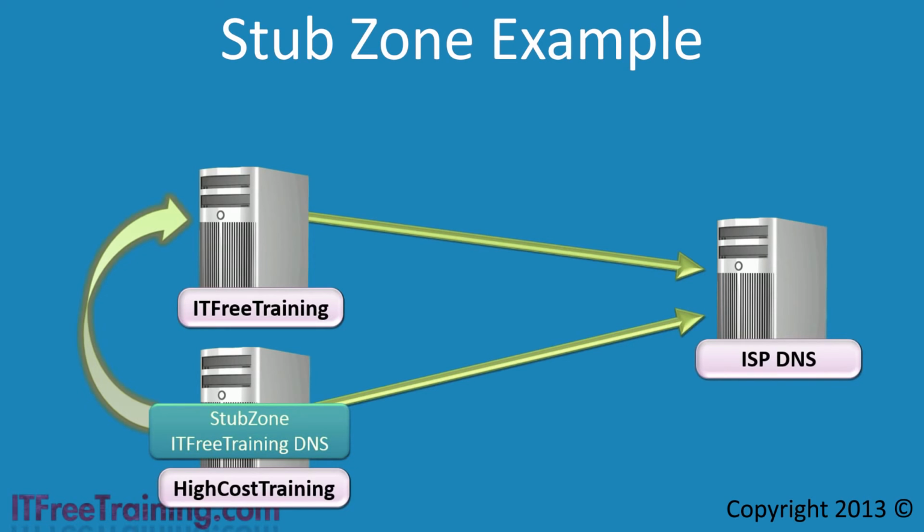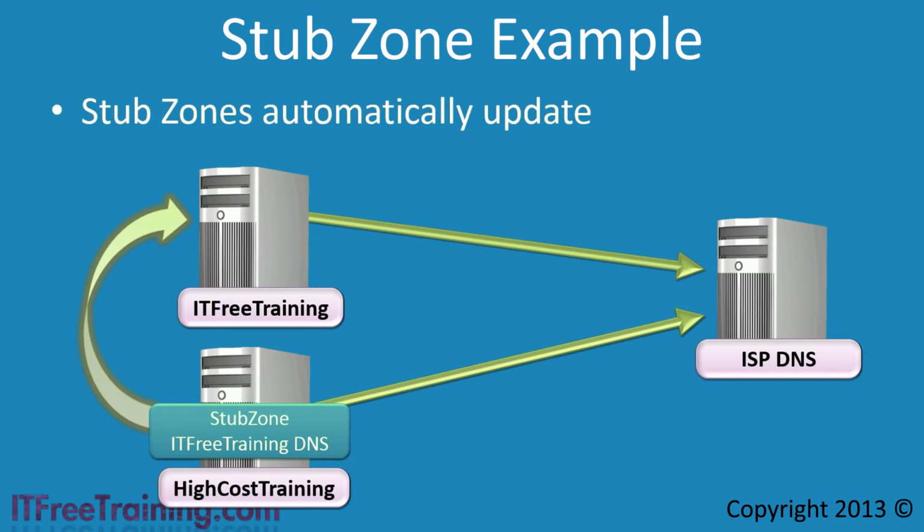The advantage of using a stub zone is that it automatically updates its records. This means that if IT Free Training were to add, remove, or make changes to their DNS servers from their network, the stub zone on High Cost Training would automatically be updated with those changes. You can see the advantage of this.